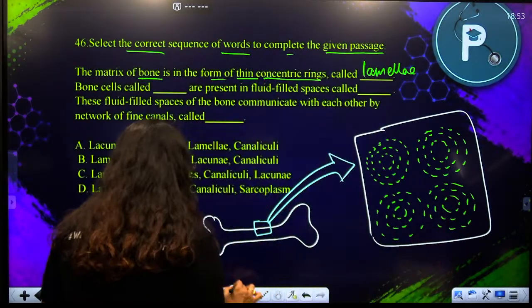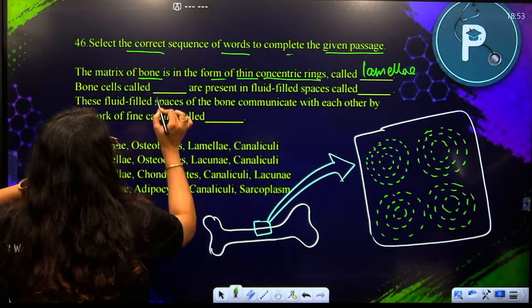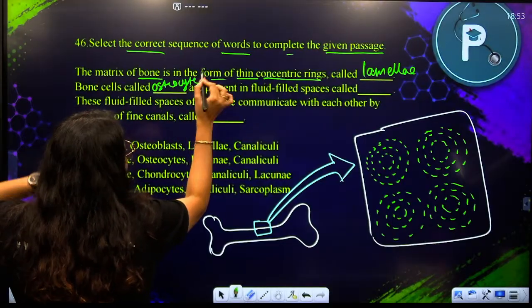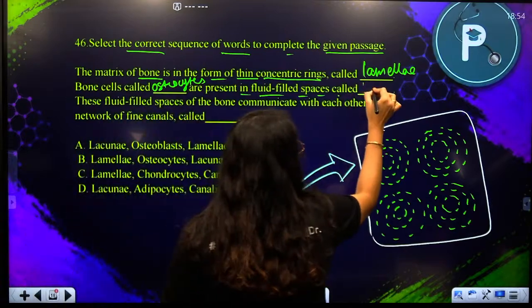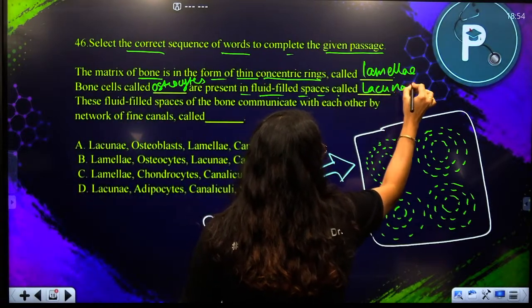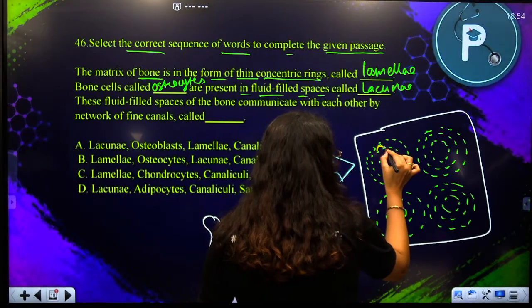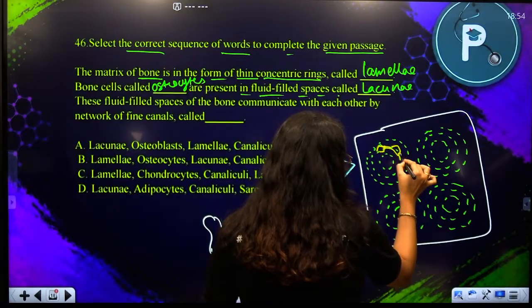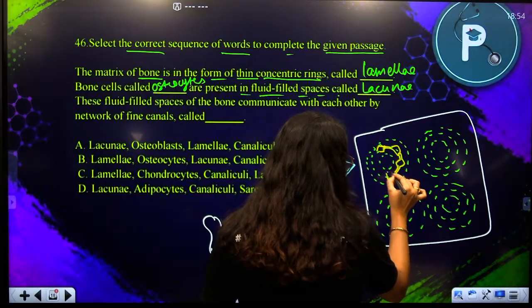Now see here. What did they say? Bone cells are called osteocytes and they are present in the fluid-filled spaces called lacunae. Inside this, there are small lacunae structures present like this, and they are all connected to each other.